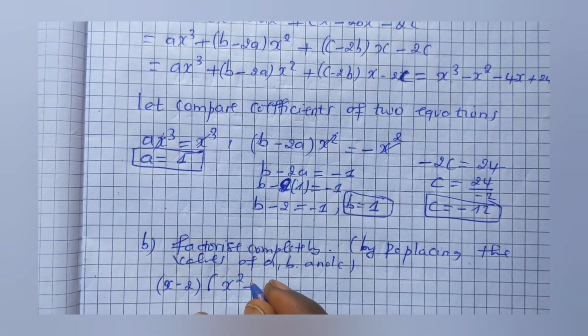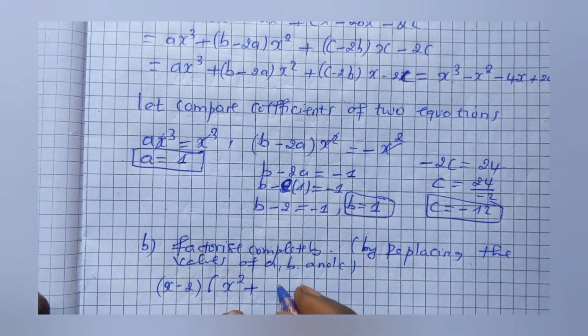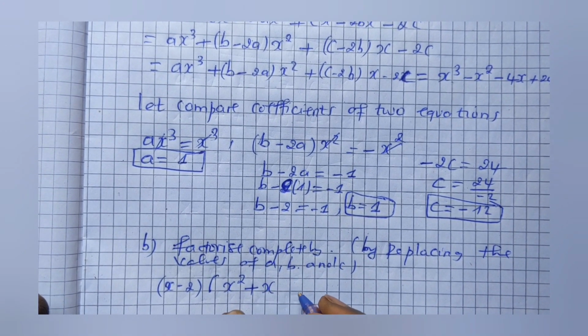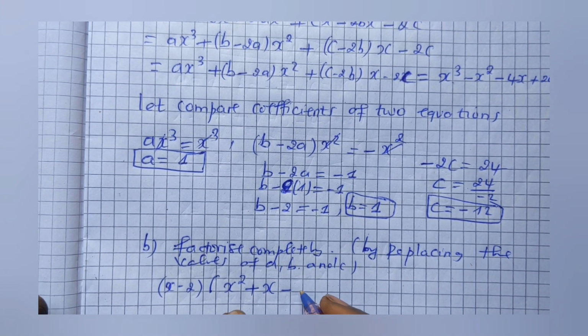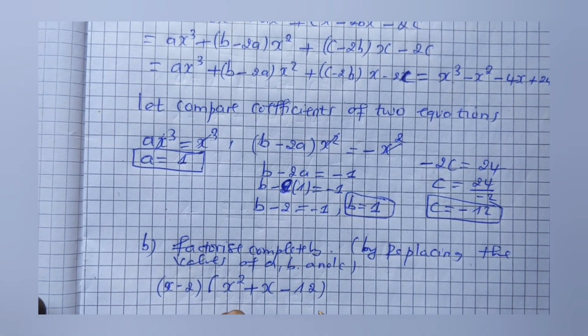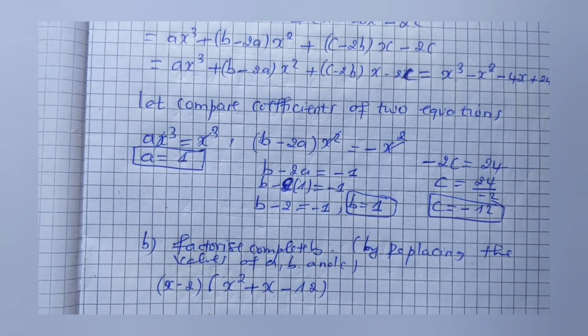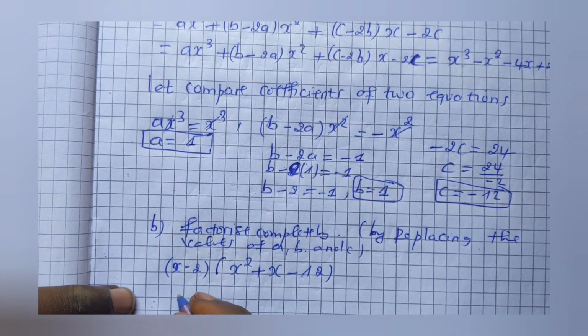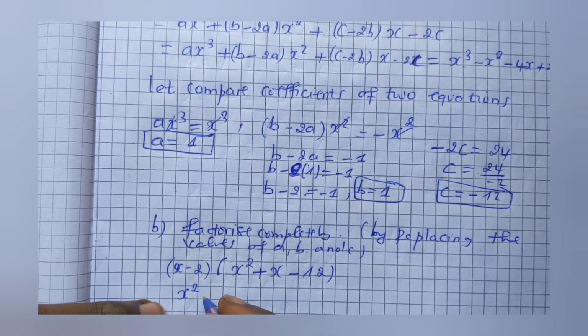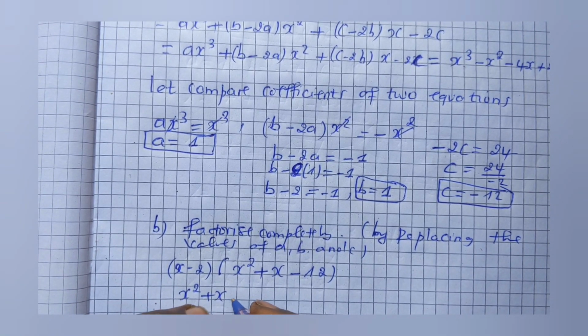So x squared plus x minus 12. Because we have (x minus 2), we are going to factorize only x squared plus x minus 12.